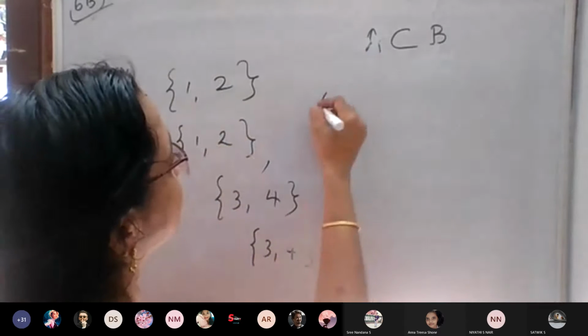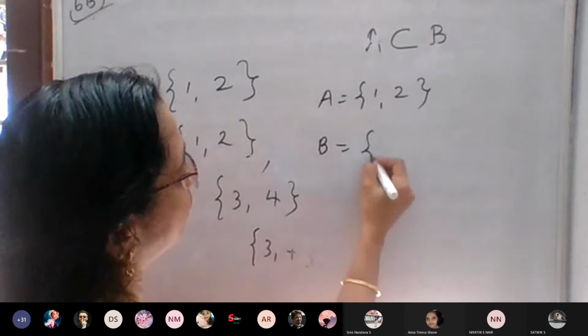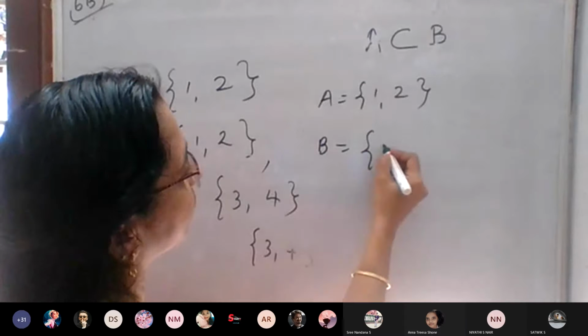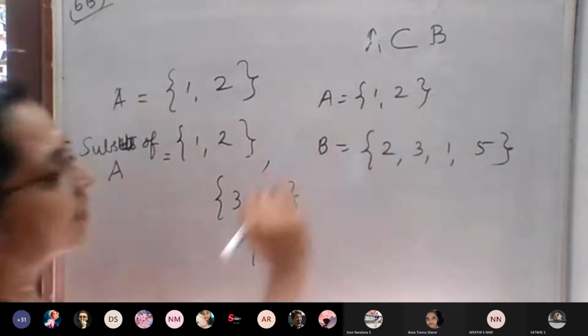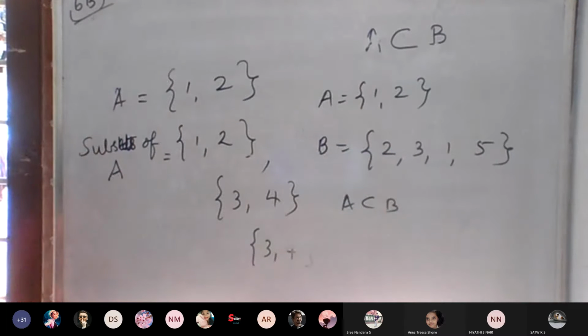Suppose A is equal to {1, 2} and B is equal to {2, 3, 1, 5}. Can we say that A is a subset of B? Listen to my question.